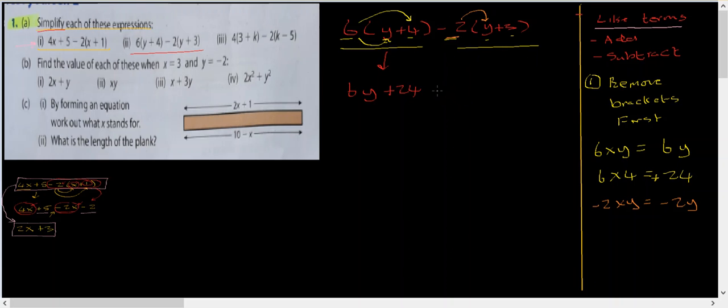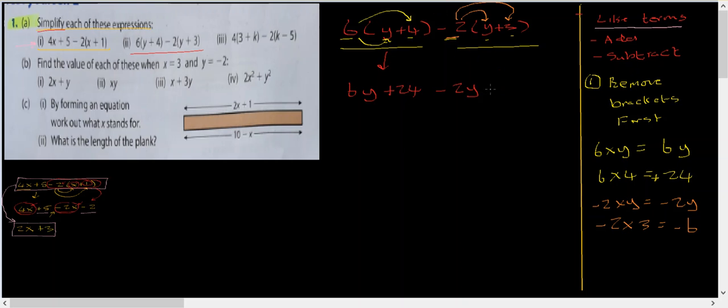So it's going to be equal to minus 2y. And then the next part then is minus 2 multiplied by plus 3. So minus 2 multiplied by 3 is equal to minus 6. Remember, like signs give plus, unlike signs give minus. And we can write that up here.